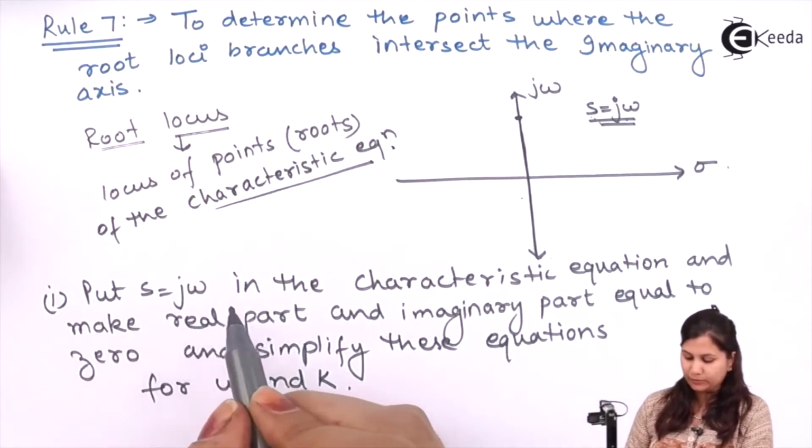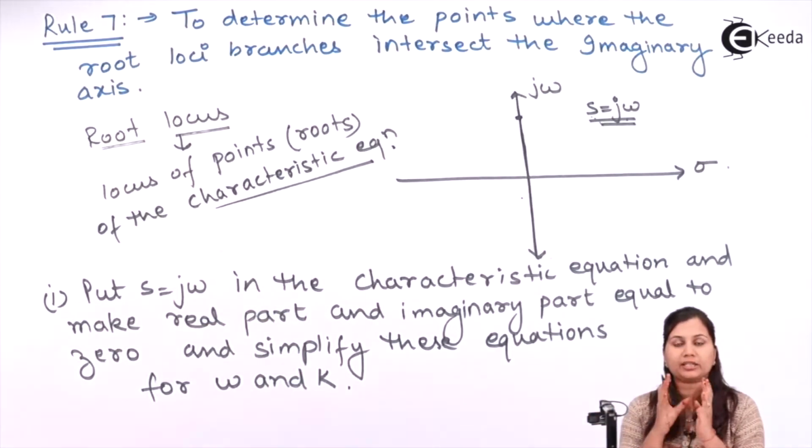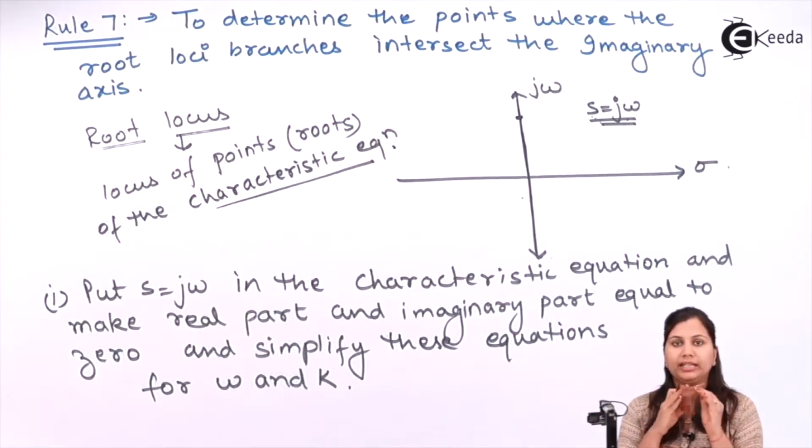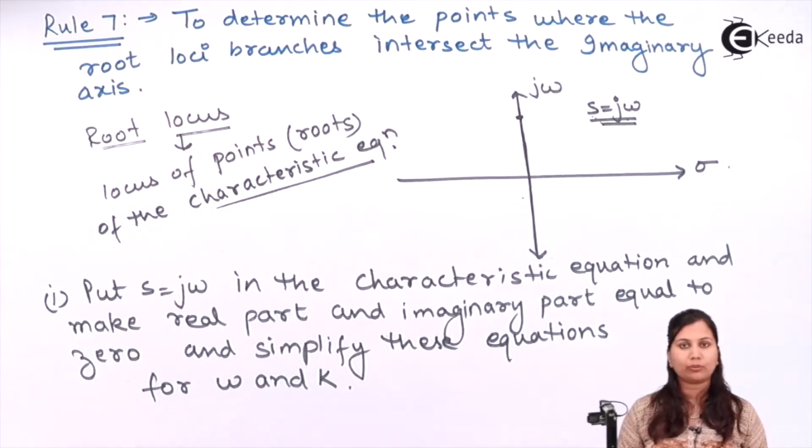So put s equals j omega in the characteristic equation. You are going to get an equation having both real and imaginary parts. Separate the real and imaginary parts and equate each to 0. You will get two equations, then simplify them to get the values of omega and k.